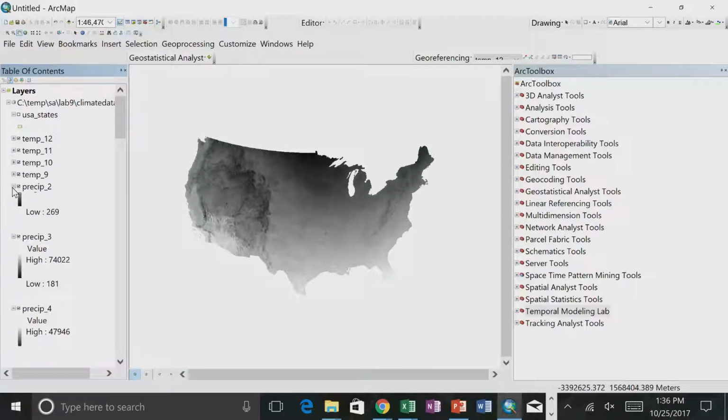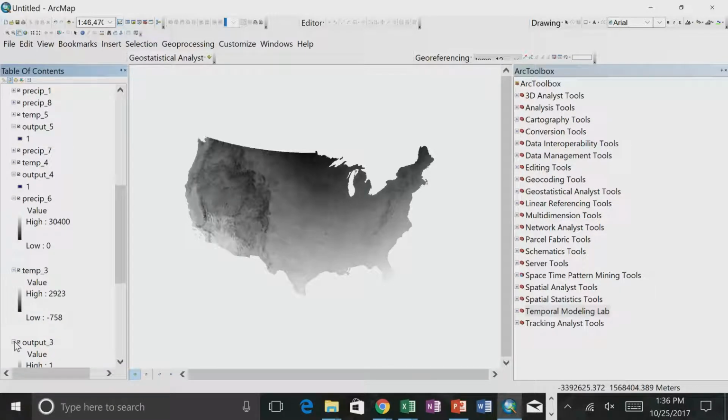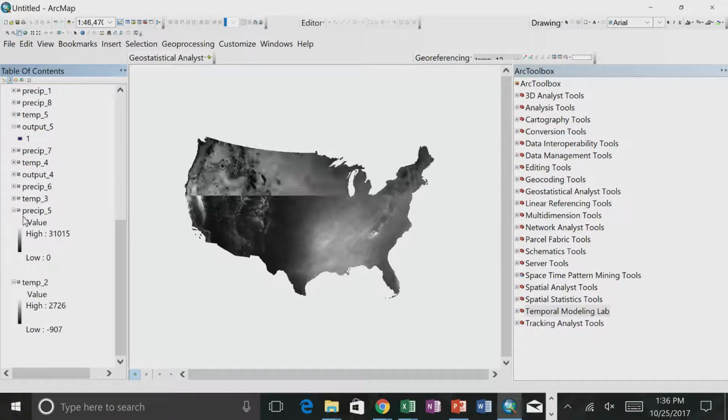These are the average monthly precipitation and the average monthly temperature values. I probably should have added them in a better order than I did. I just kind of threw them in there haphazardly, didn't I? I could sort them out by precip and temperature. The output here, we can throw that away. Don't need that.